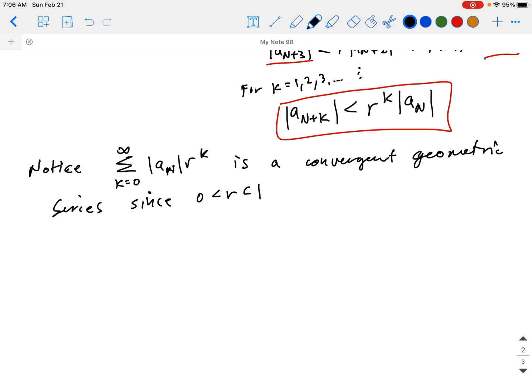So we've got this convergent series, and we've got that the N plus k term of our sequence is smaller than that. That's going to be very useful because now we can use a comparison test.